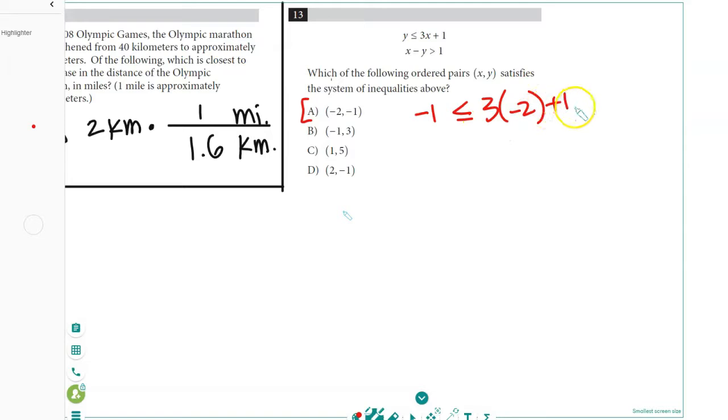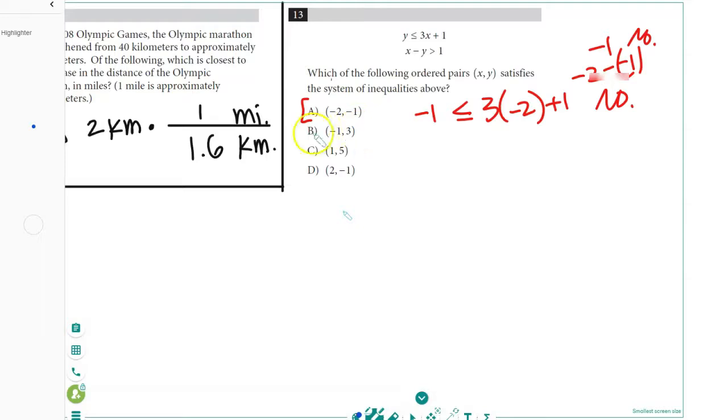So that's -6 plus 1. Is this less than that? I'd say no, right? And I just plugged into the top one. If we did -2 minus -1, that's -1. So again, that'd be a no.